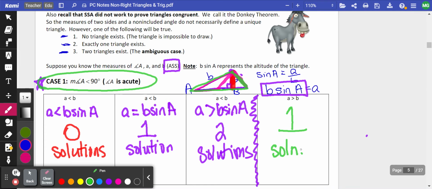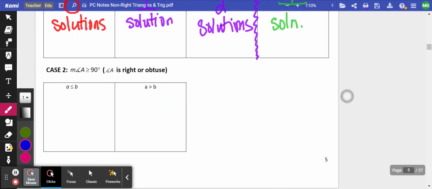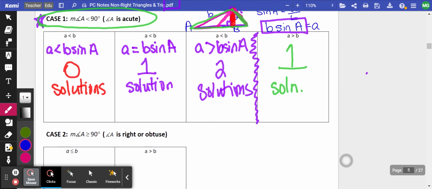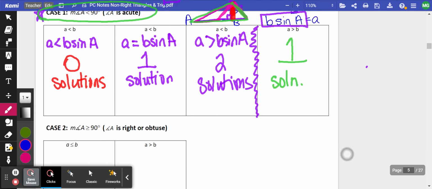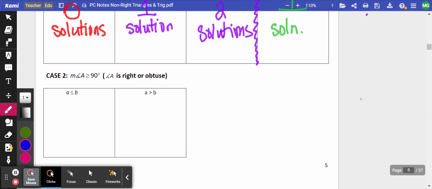Okay. Now we're going to talk about the second case. Remember, these were all if angle A was acute. So now we're going to talk about if angle A is either equal to 90 degrees or obtuse.